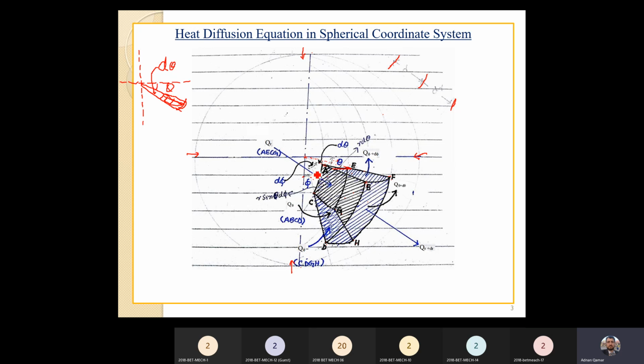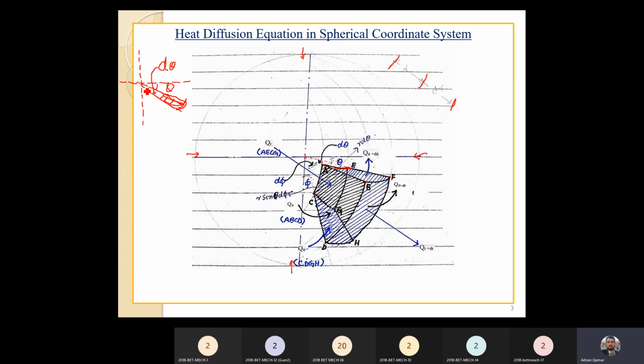What is the thickness in the vertical direction? This is d phi. Okay, so I hope you got an idea. The horizontal surface is making an angle theta, the vertical surface is making an angle phi. The horizontal surface has thickness d theta and the vertical surface has thickness d phi.